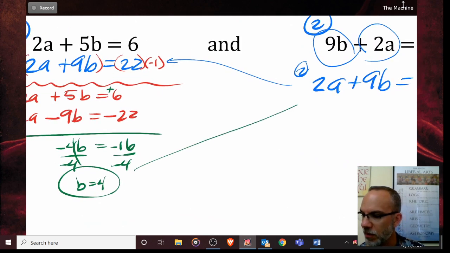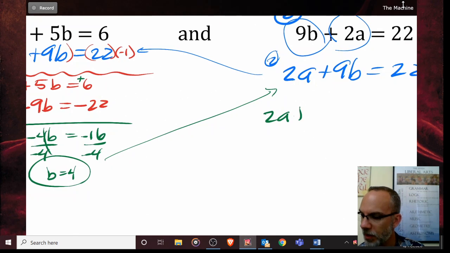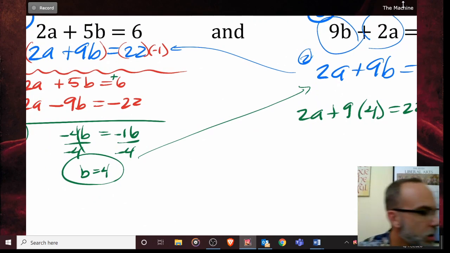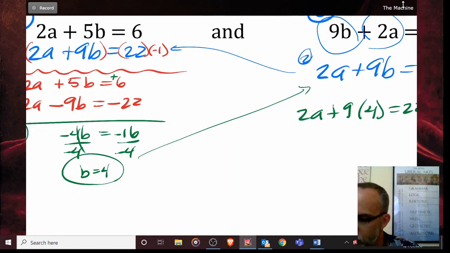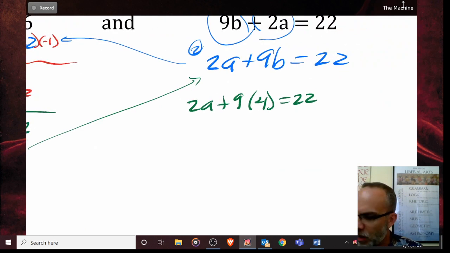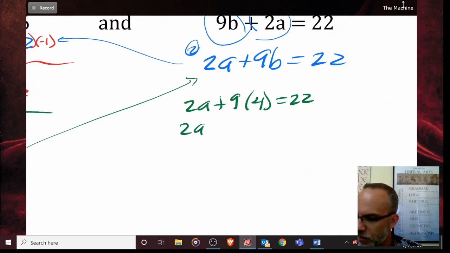Maybe I'll come over here and solve it for a. So 2a plus 9 times 4 equals 22. All right, let's run with it. So 2a plus 36 equals 22.